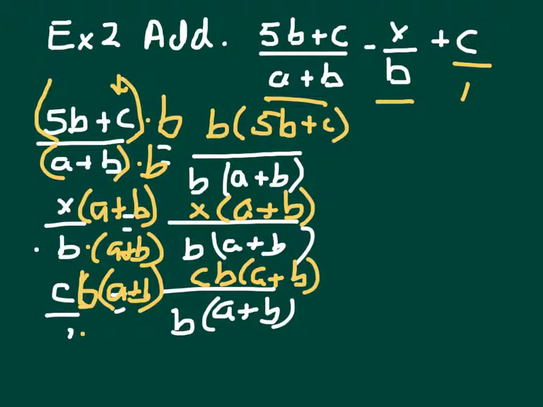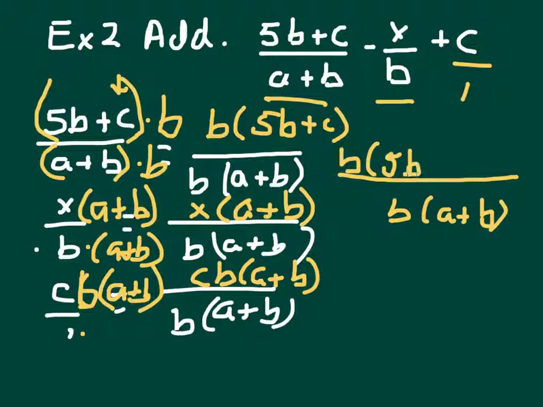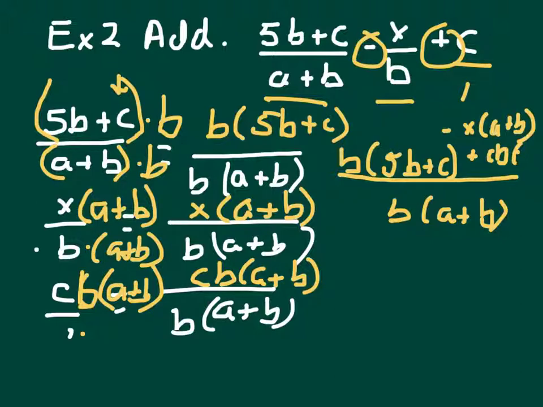So really this topic has a lot to do with the use of parentheses, and using parentheses to show that you have a connected pair. Now to finish it out, I have my common denominator, and then I have b parentheses 5b plus c. I'm probably going to run out of room here. Minus, I'm going to have to squeeze it in up here, x parentheses a plus b, plus cb parentheses a plus b.